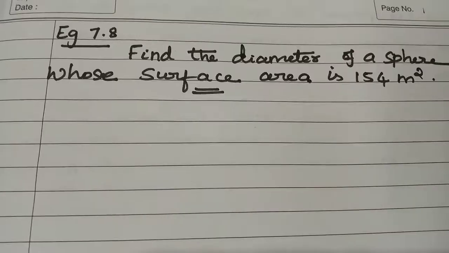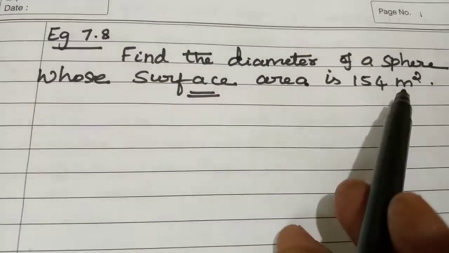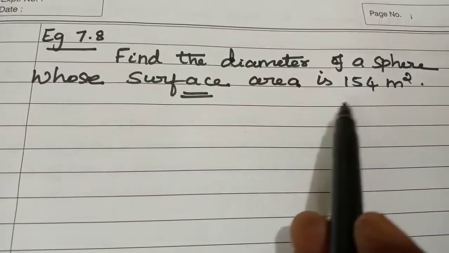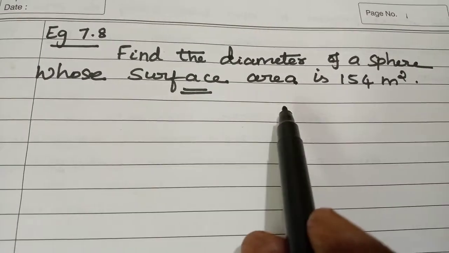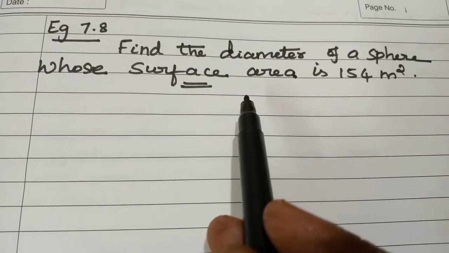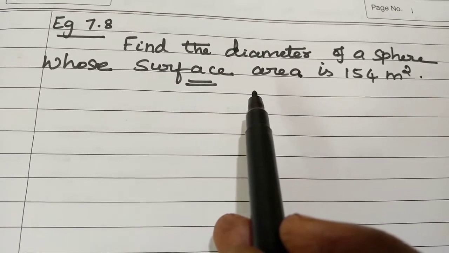Okay. Next, example 7.8. Find the diameter of a sphere whose surface area is 154 meters square. What is a sphere? A sphere is a solid generated by the revolution of a semicircle about its diameter as axis.